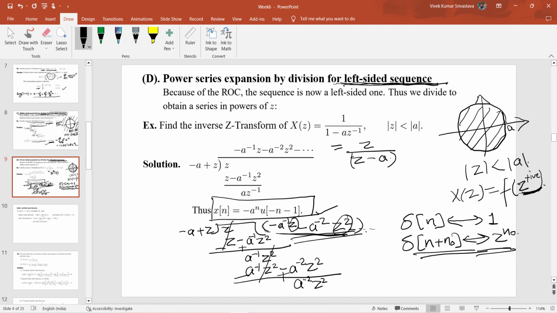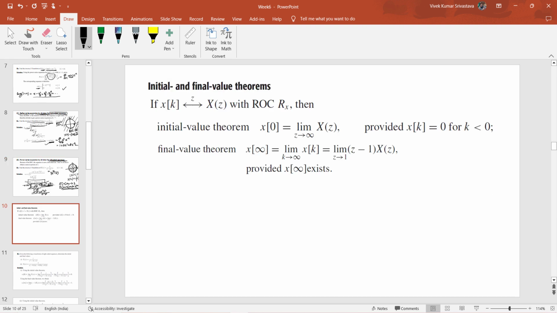So the next topic is the initial and final value theorem. First of all, why are we going to study this initial and final value theorem?